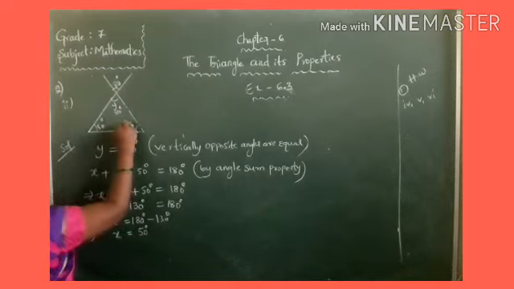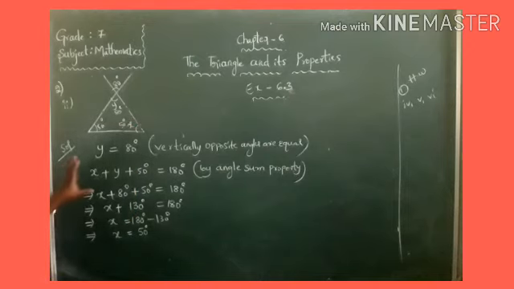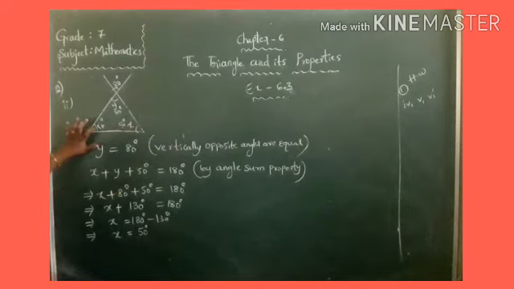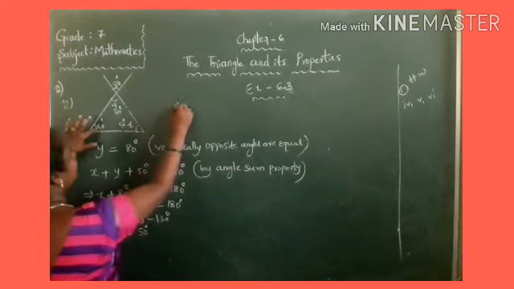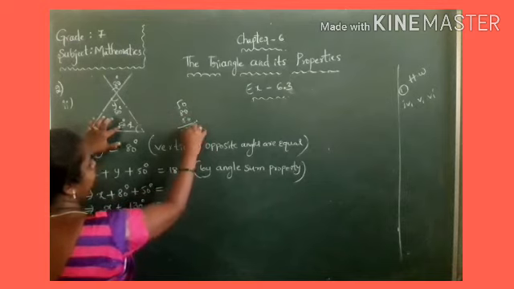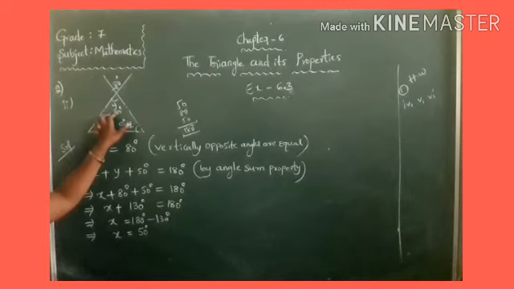Now x value is 50 degrees. If you measure all these angles, do they give 180 degrees or not? Check once. Angle z is 50, angle y is 80, angle x is 50. Total: 50, 50, 100, 180. Tell me, is the sum of all angles in a triangle 180 degrees or not?